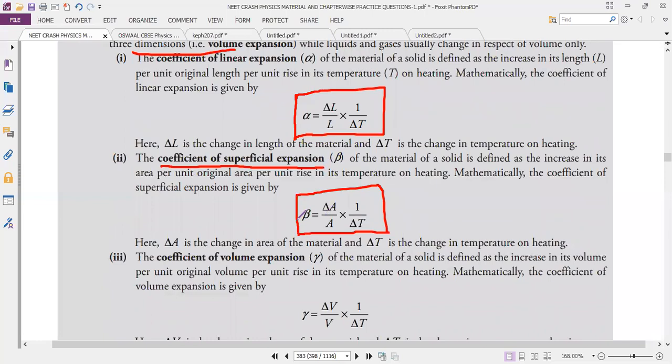Coefficient of volume expansion. It is denoted gamma, alpha, beta, gamma. What is the relationship between alpha, beta, gamma? Very simple.